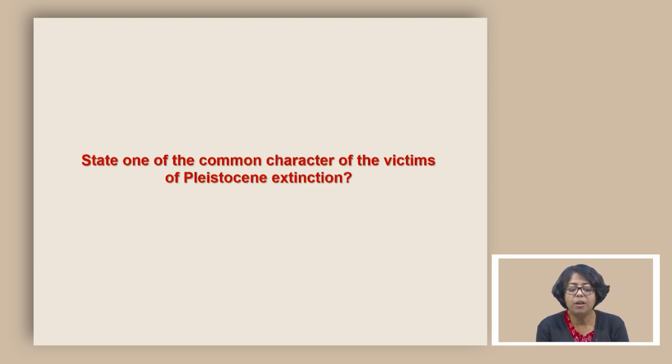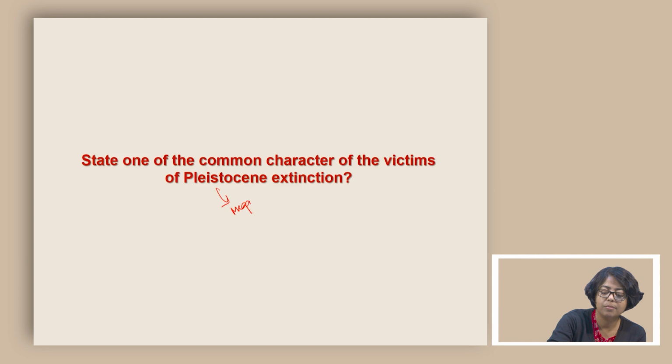State one of the common characters of the victims of Pleistocene extinction. Now, Pleistocene extinction is also called the megafaunal extinction. Now, this megafaunal extinction, the word itself tells you that it has something to do with the size.